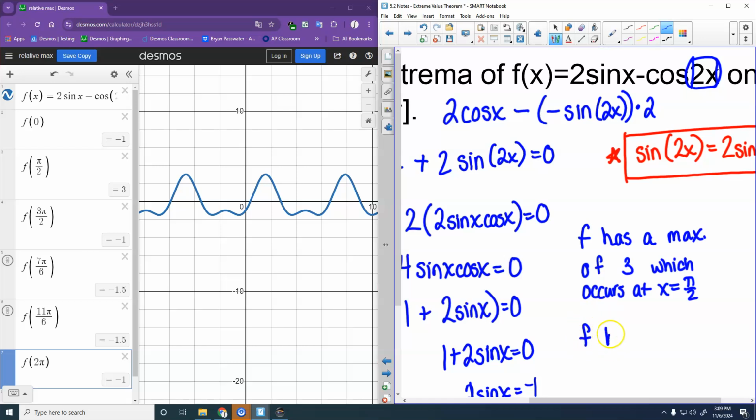What's the minimum? Very good. Those are the x coordinates where it happens. So I have a minimum of -1, wait, 0.5. Oh, sorry. At x equals 7 pi over 6 and 11 pi over 6.